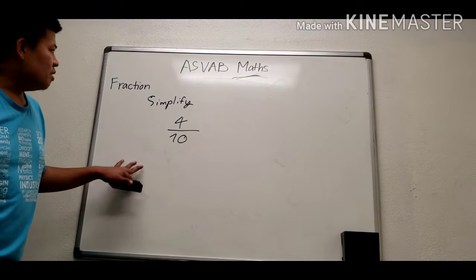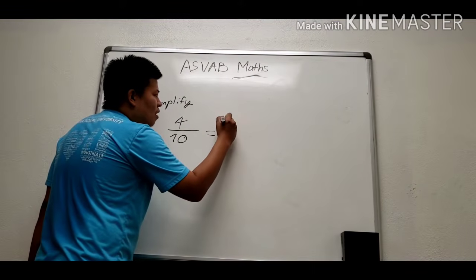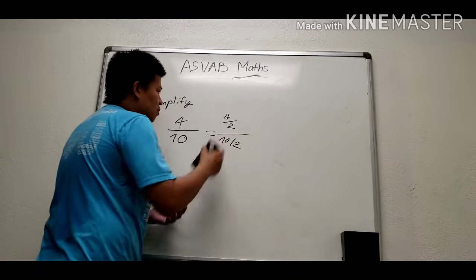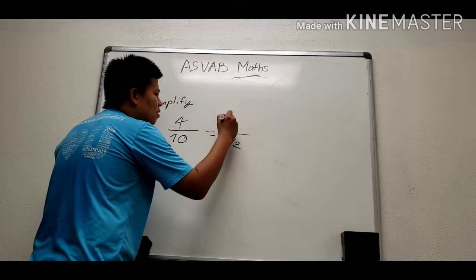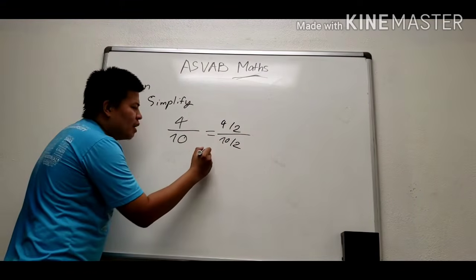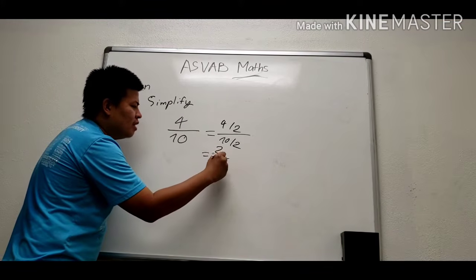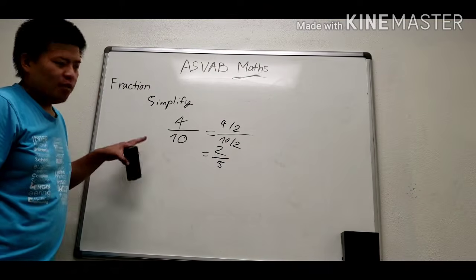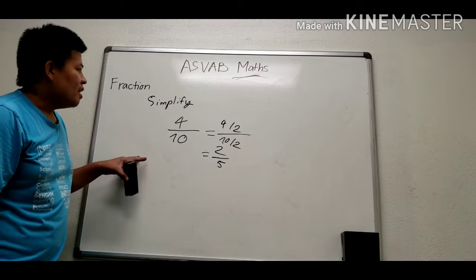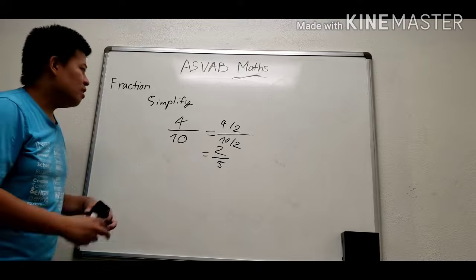This number is not simplified yet, and we can see that 4 can divide by 2 and 10 can divide by 2 too, because 4 divided by 2 is 2, and 10 divided by 2 is 5. So when we simplify a fraction, we need to find a number that can divide both the numerator and denominator.